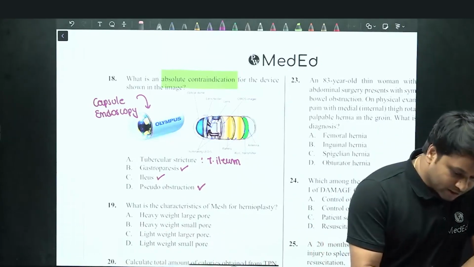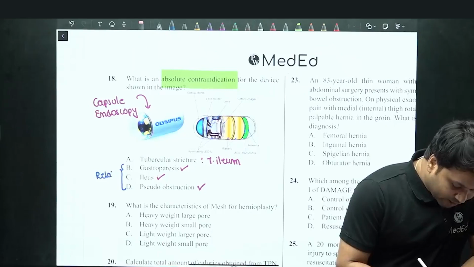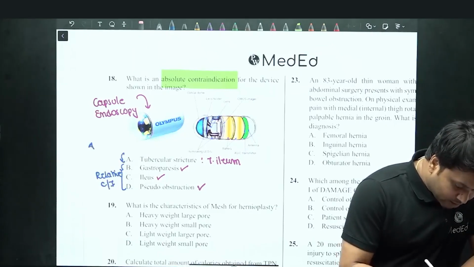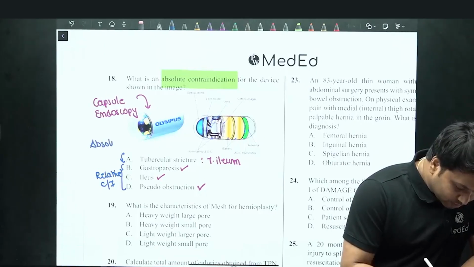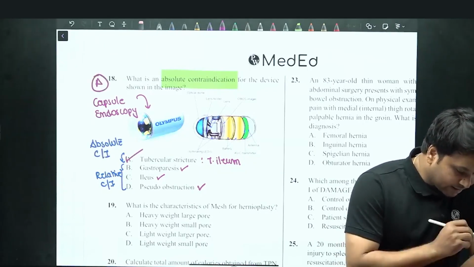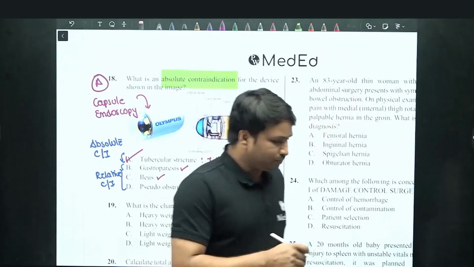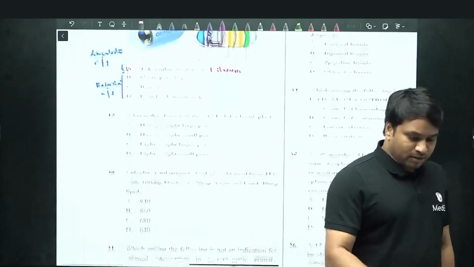But remember these three are relative contraindications, whereas option A is your absolute contraindication. So the answer here is A for Ahmedabad. 18 is A for Ahmedabad. Okay? Sure.